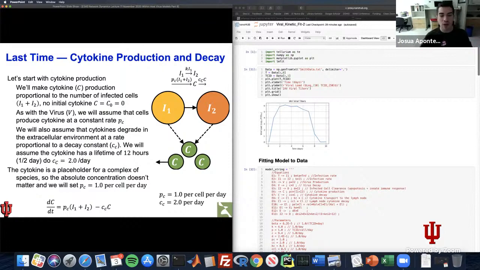But in general, we'll start this model by adding another level of complexity in which our infected cells secrete this signal that we're calling cytokine. Again, what we do is that we have our cells secrete the cytokine at a constant rate, and then this cytokine, same as the virus, can degrade in the extracellular environment because of instability of the molecules.